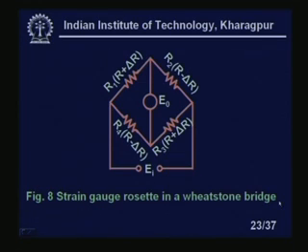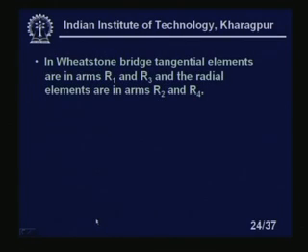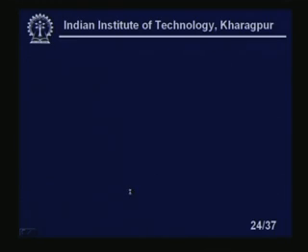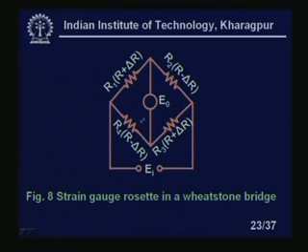So the strain gauge rosette goes in a Wheatstone bridge, so our output will be quite obvious. In the Wheatstone bridge, tangential elements are in arms R1 and R3 and radial elements are in R2 and R4, right. R1 and R3 are positive.